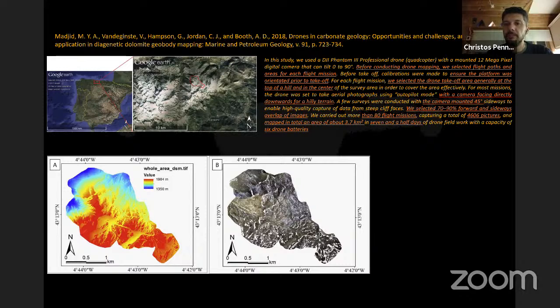But for some steep terrains, the camera was mounted at 45 degrees sideways to enable high quality capture of the data from the steep cliff faces. They selected here, and this is also important, a 70 to 90% forward and sideways overlap of the images. So they have 70% forward overlap and 90% sideways.